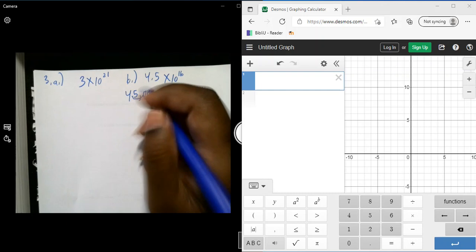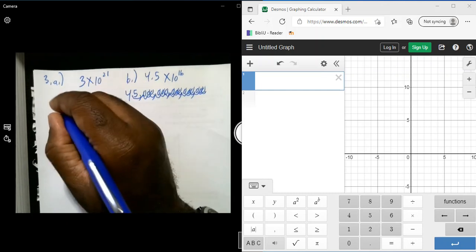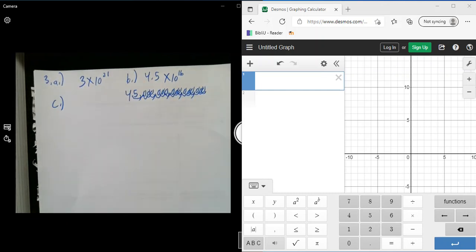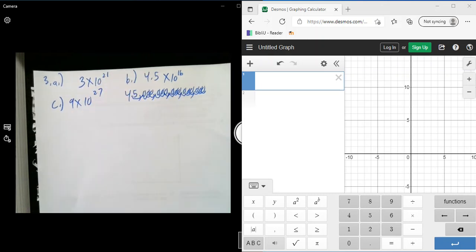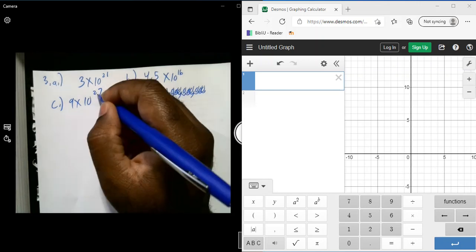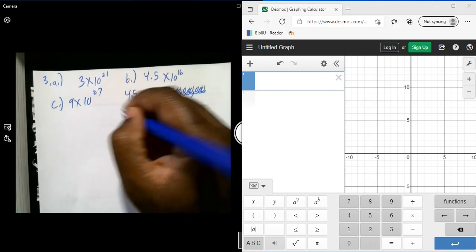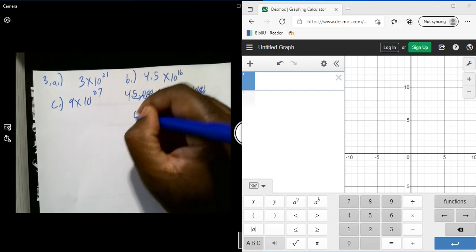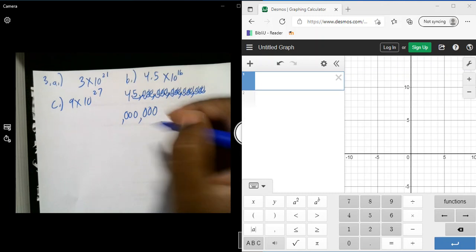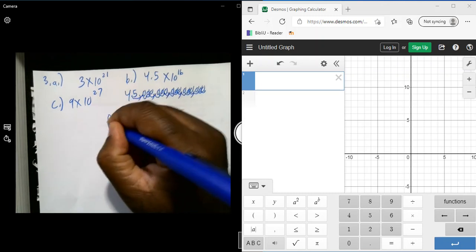Okay, now C, it says, write the number 9 times 10 to the 27th power in standard notation. The number will be read 9 octillion. So it's 27 zeros. So 1, 2, 3.